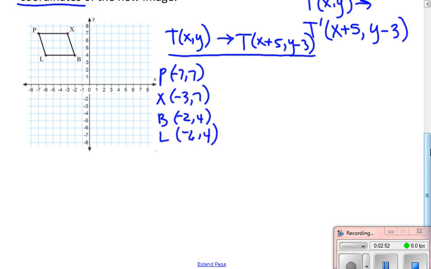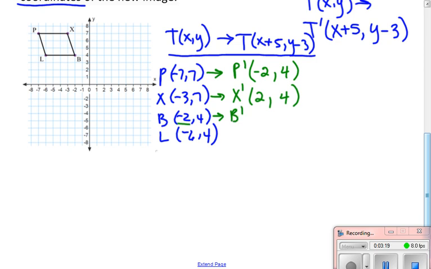Now these: P prime, -7 plus 5 is -2. 7 minus 3 is 4. So my new P prime is at (-2, 4). If I repeat that process, X prime: -3 plus 5 is 2, 7 minus 3 is 4.